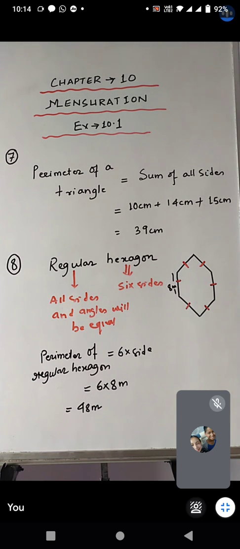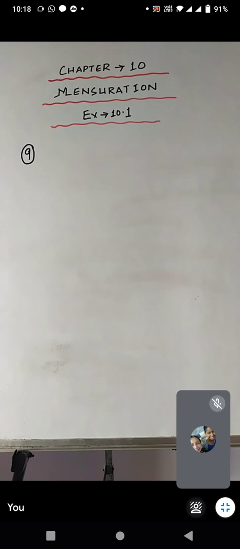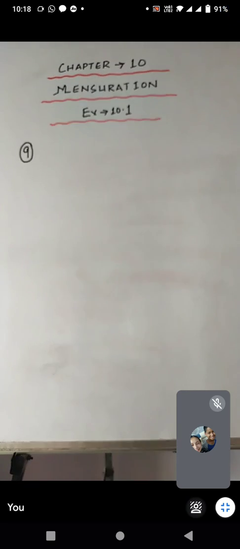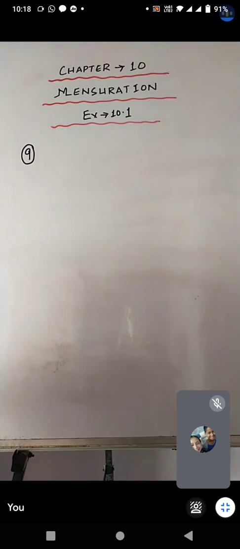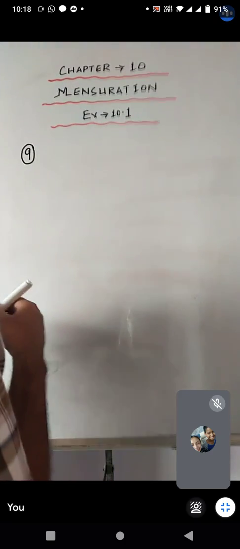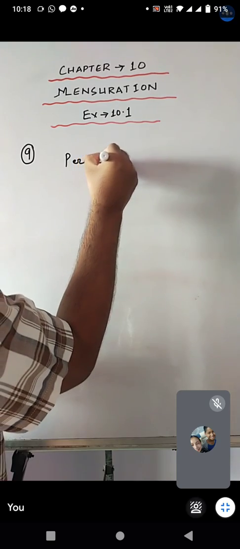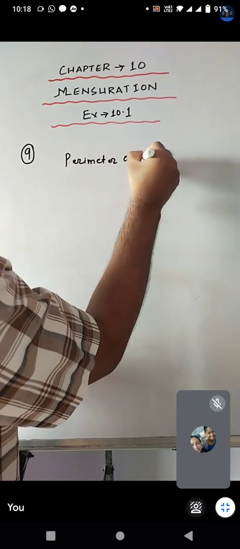Now let's move on to sum number 9. What we have in question number 9: find the side of the square whose perimeter is 20 meter. You do not have to find the perimeter this time, because the perimeter is already given in the question.